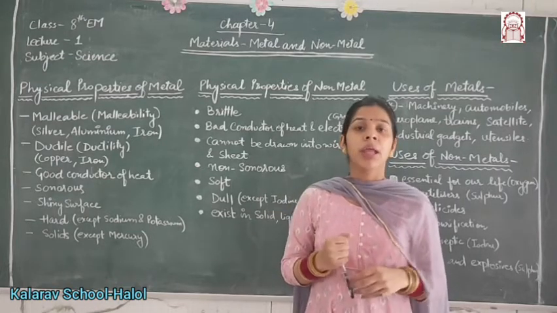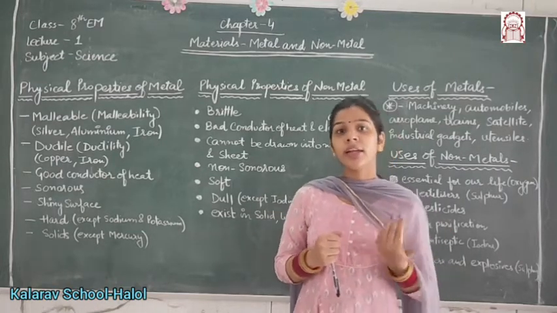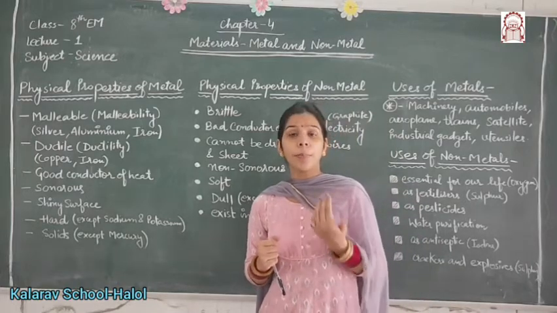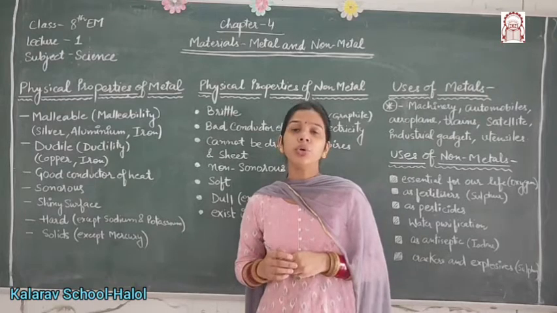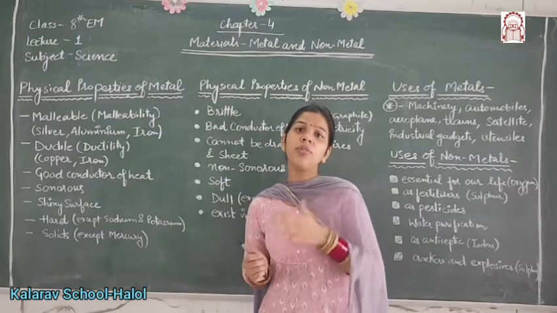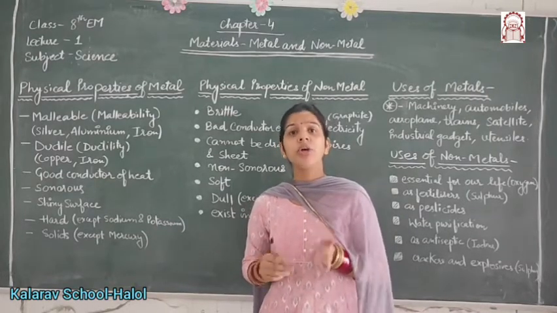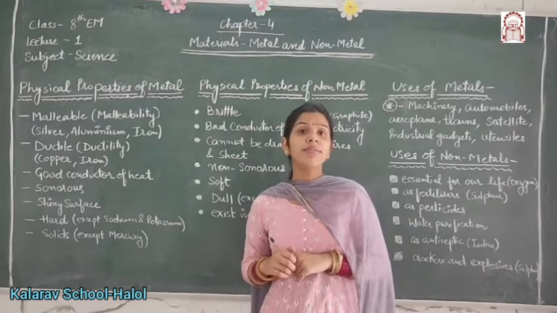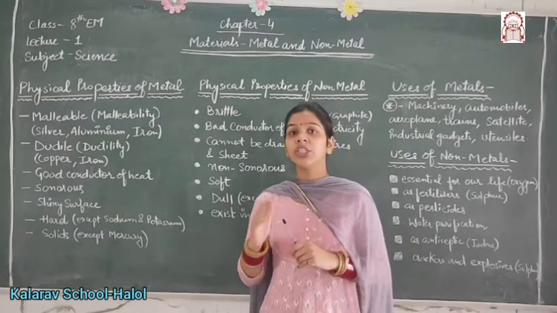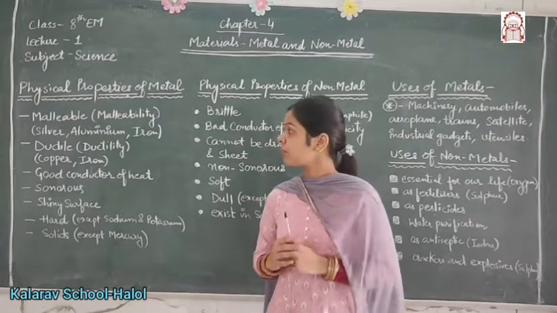For example, in electrical switches or electrical wires, we have copper wires or aluminium wires. We prefer to use aluminium wires instead of copper wires because of numerous reasons. The main reason is aluminium wires are cheaper than copper wires.